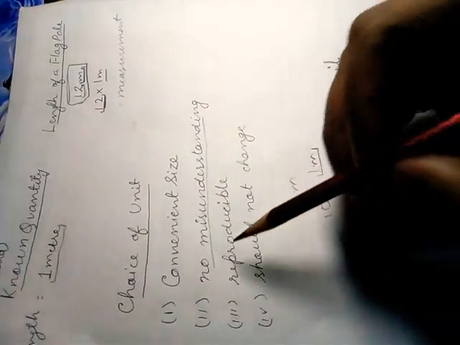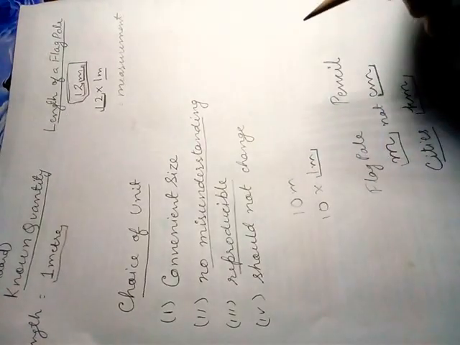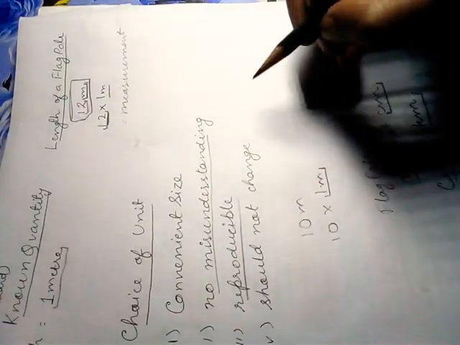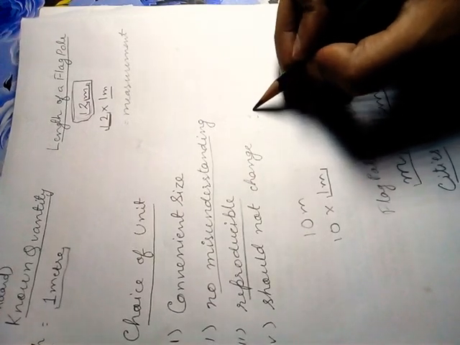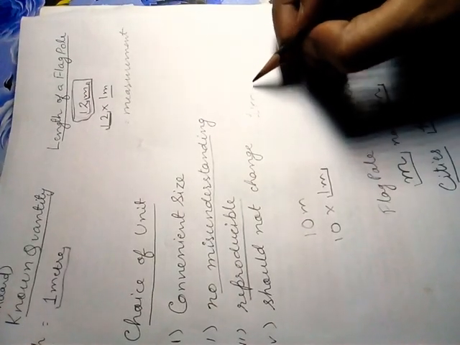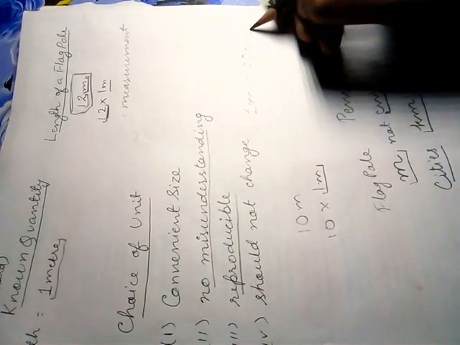Next is, it should be reproducible. Now what do you mean by reproducible? Reproducible means, suppose we have a length of 1 meter. Now this we can write as 100 centimeter also.